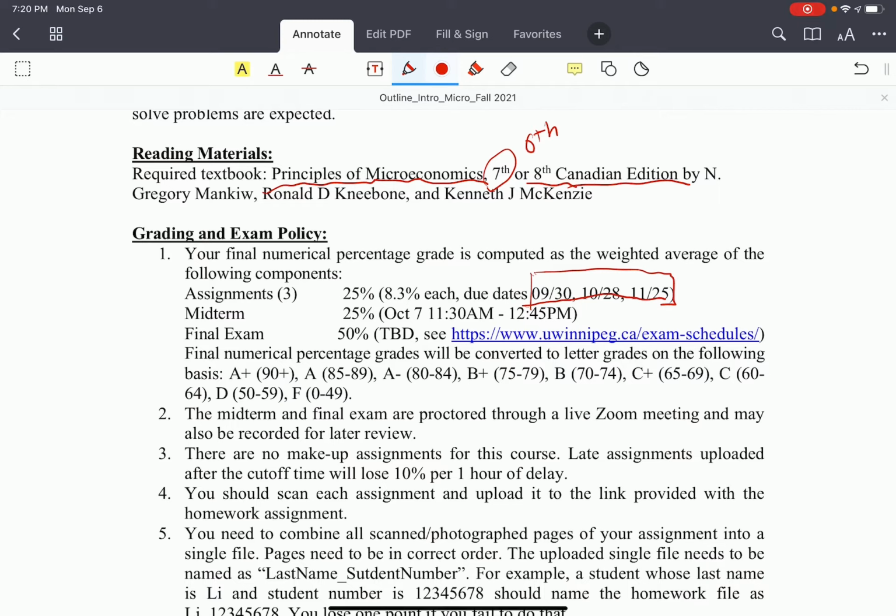And as I said, our time for the midterm is October 7th, 11:30 a.m. to 12:45 p.m. And the link for the final exam schedule is here. I'm not telling you the exact final exam date because the date has not been determined by the university yet.